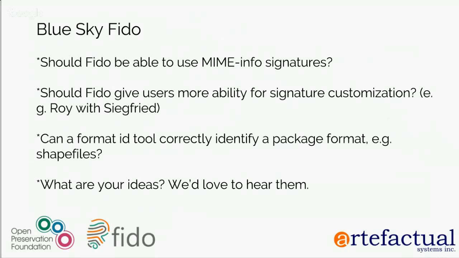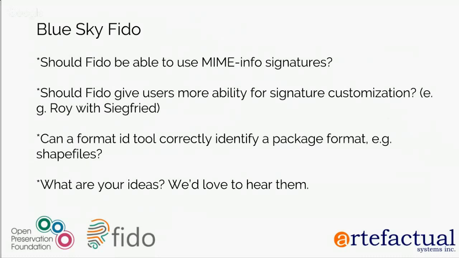We've also thought about giving Fido more ability for signature customization, and this is something that, if you haven't looked into it already, you can do with a side application to Siegfried, appropriately called Roy. So we're curious to know if there are use cases for something similar for Fido. You can add some flags and parameters to your Fido running.